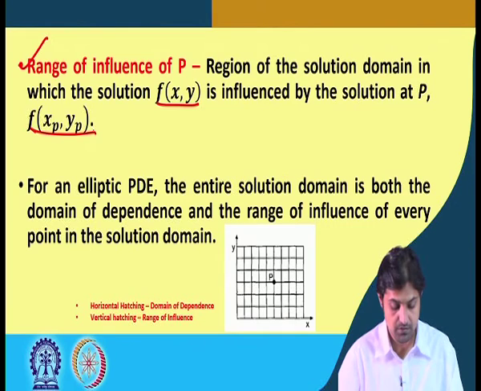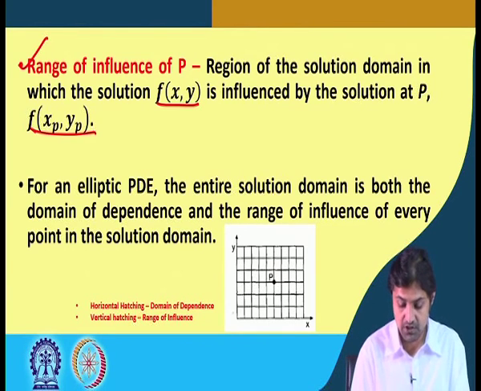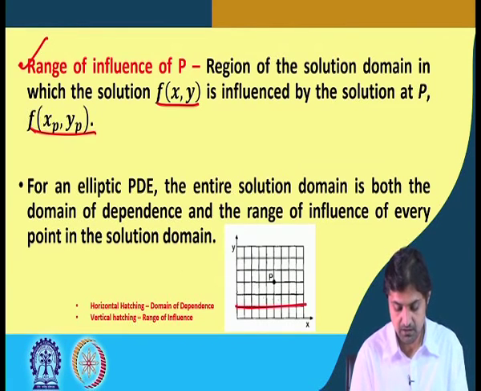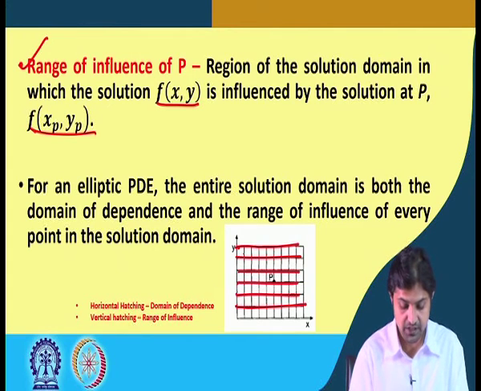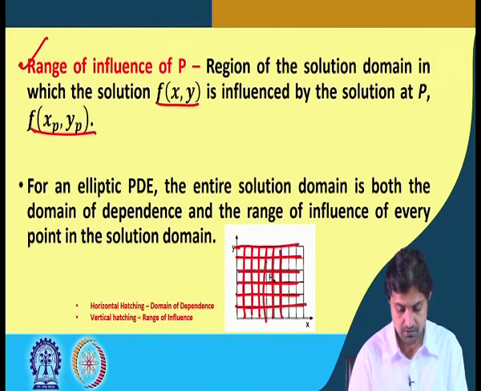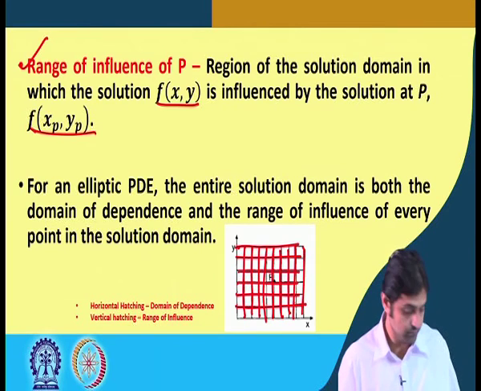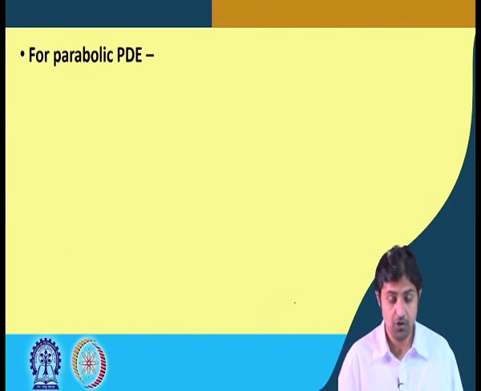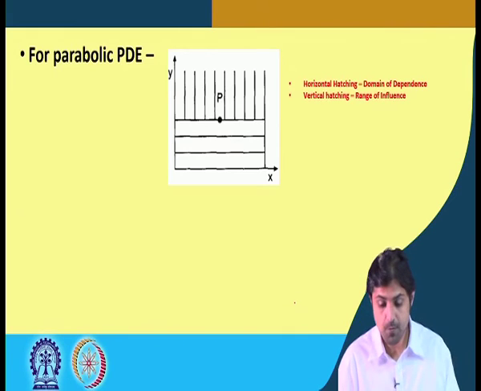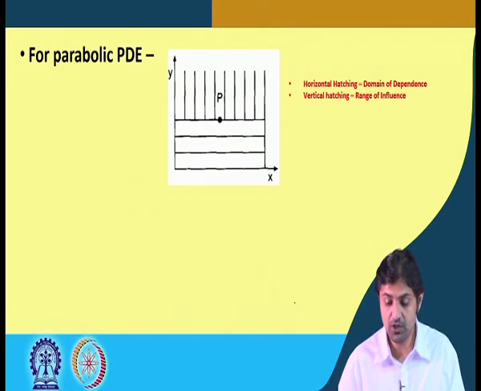All right. So, the horizontal hatching here shows the domain of dependence, whereas the vertical hatching shows the range of influence. Now, for a parabolic PDE, this is the domain of dependence.